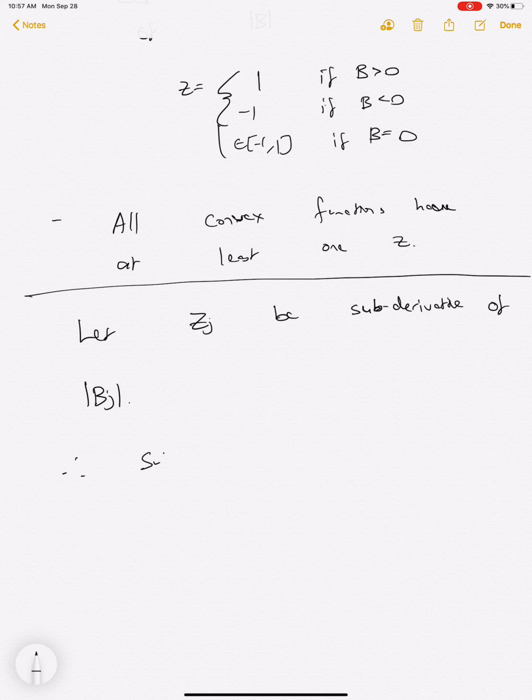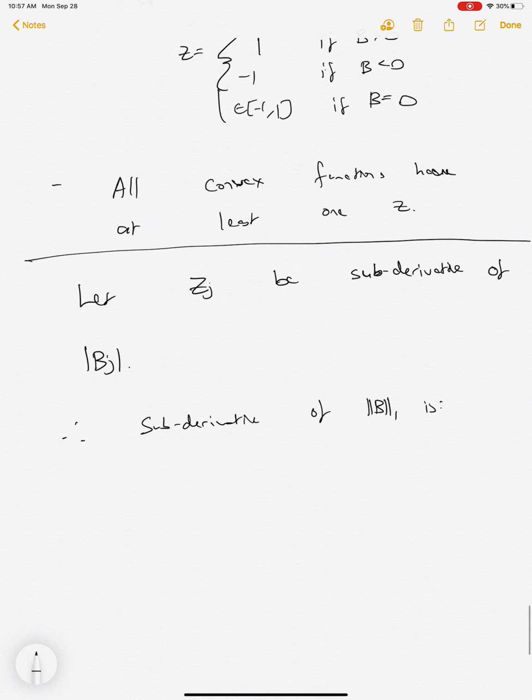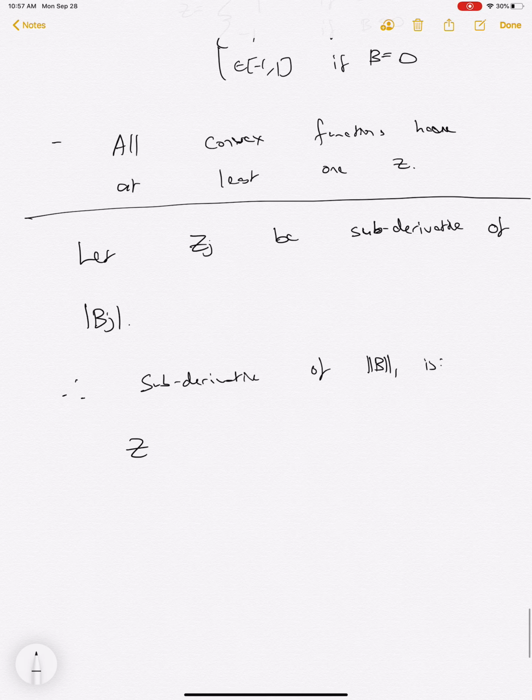Therefore the subderivative of the L1 norm is z, which is going to be a p-dimensional vector, because remember this is a p-dimensional function, which is just z1, z2 up to zp.